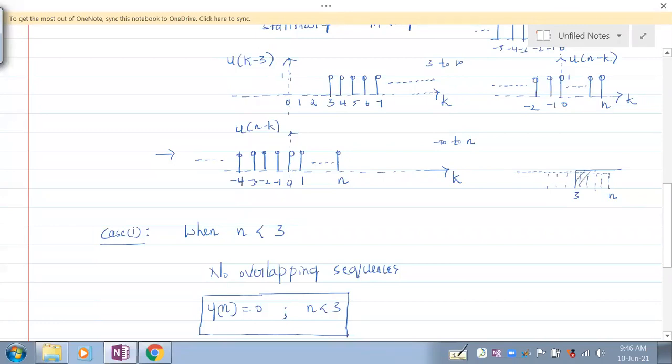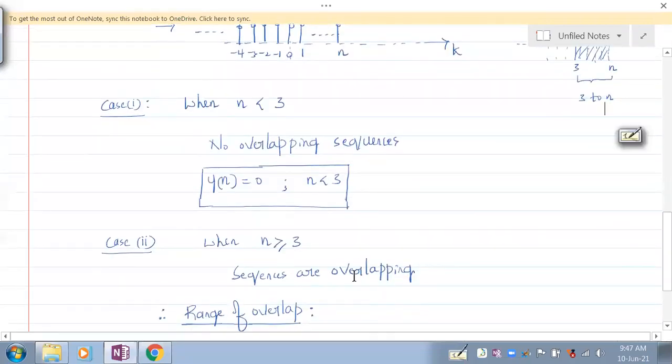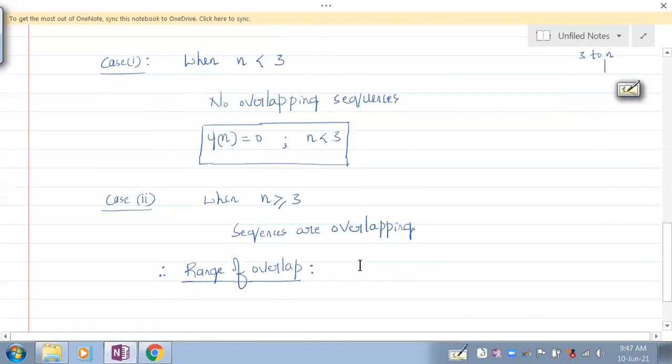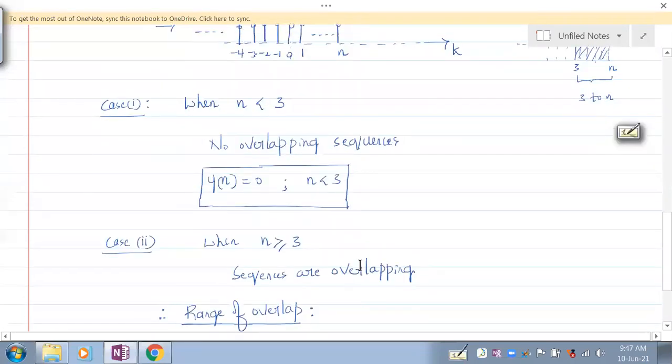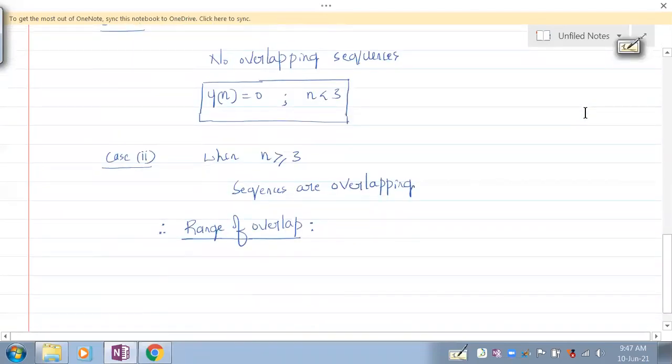In this range the overlapping is. So the overlapping range is from 3 to n. Everybody understand this? Once we understand sequences are overlapping, we need to know the overlapping range, and from this exercise we have known that the range of overlapping is from 3 to n.